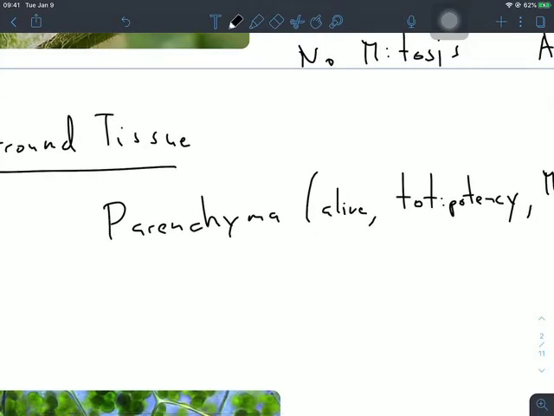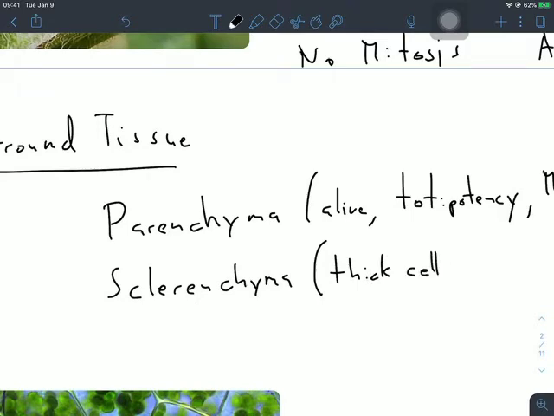We have our sclerenchymal tissues, sclerenchyma, which are cells with incredibly thick cell walls.